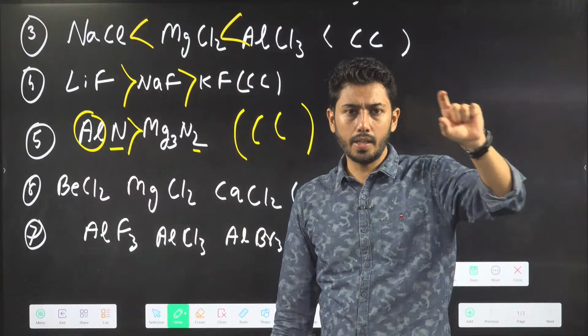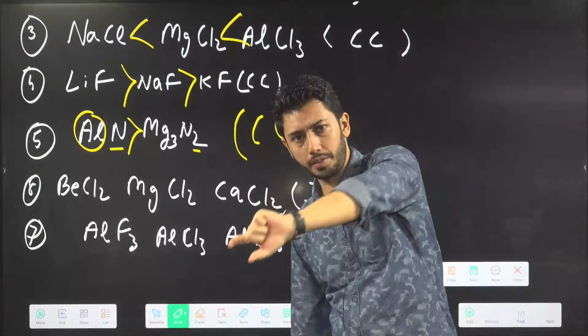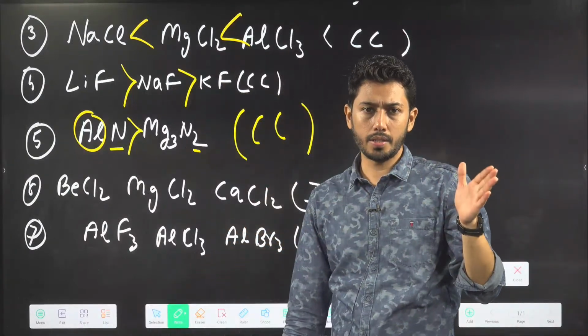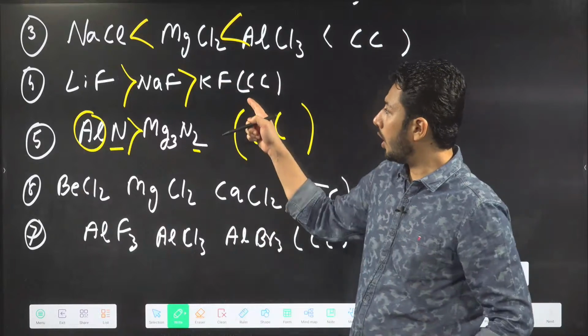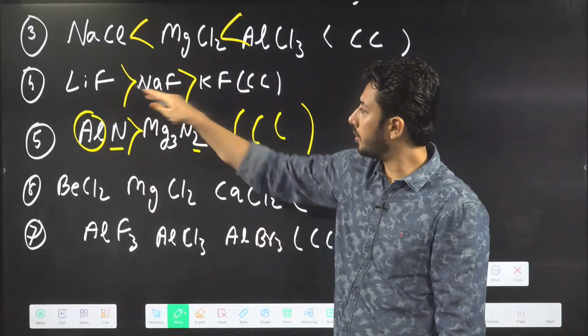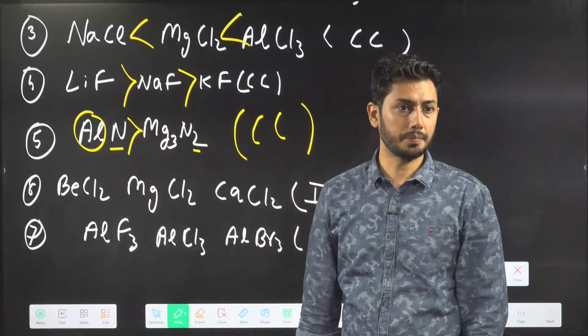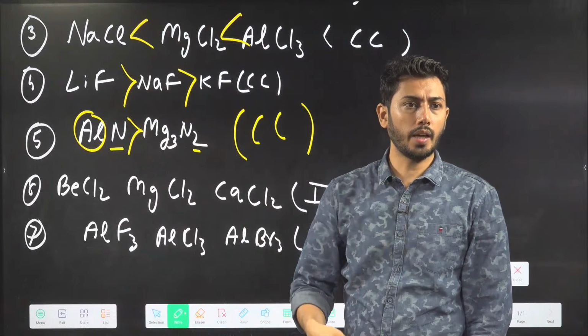Size of the cation increases. Polarization decreases, because already written polarization is inversely proportional to the size of the cation. So among them, the most covalent character will be with Li plus. That is why that's the order. Clear now?